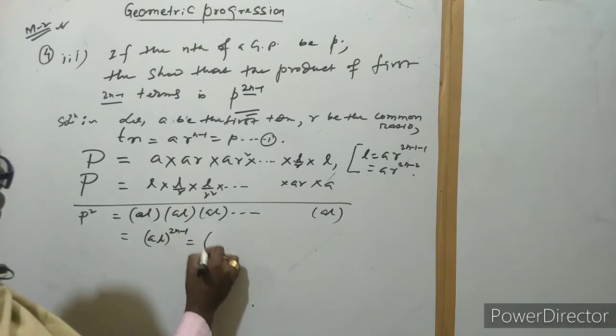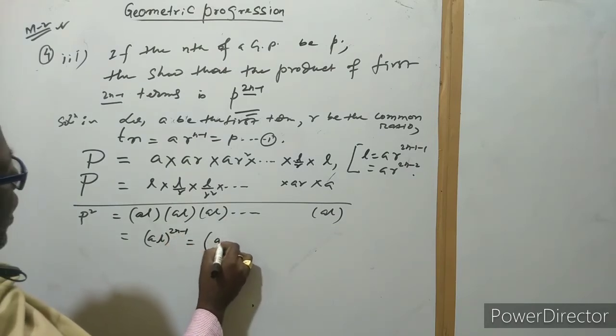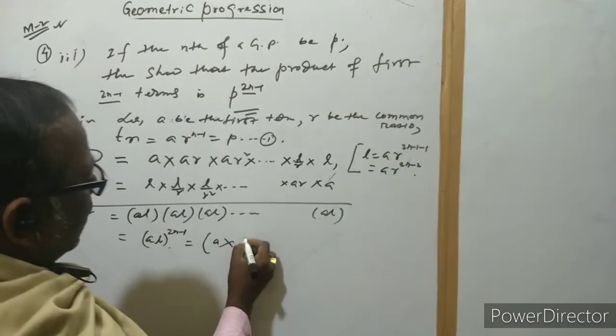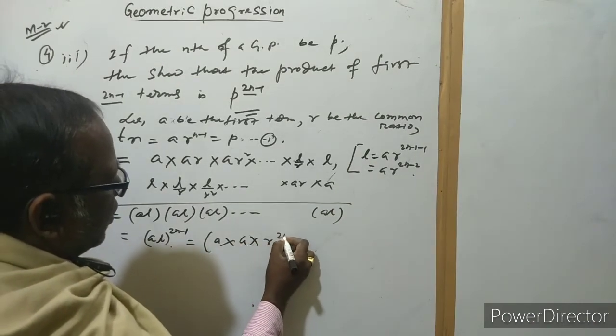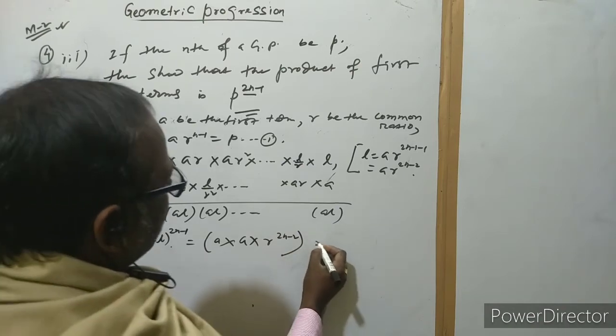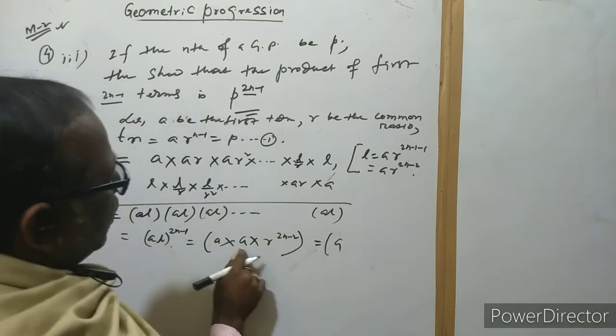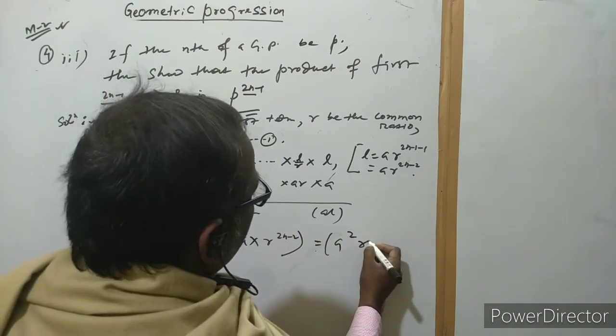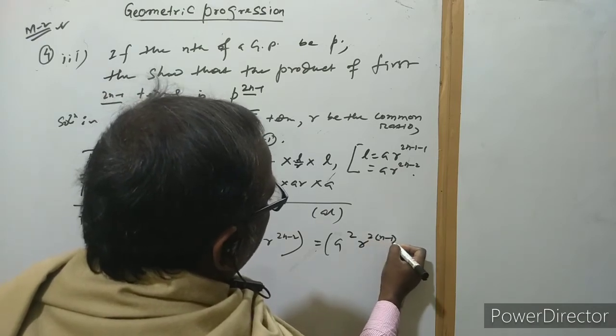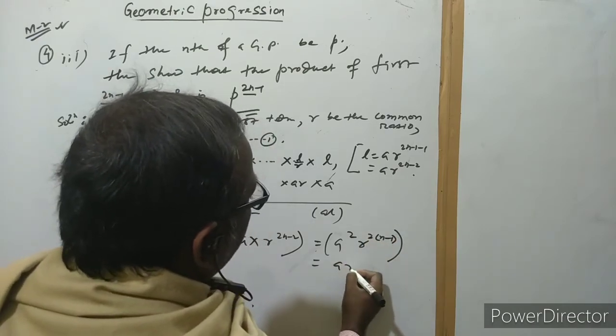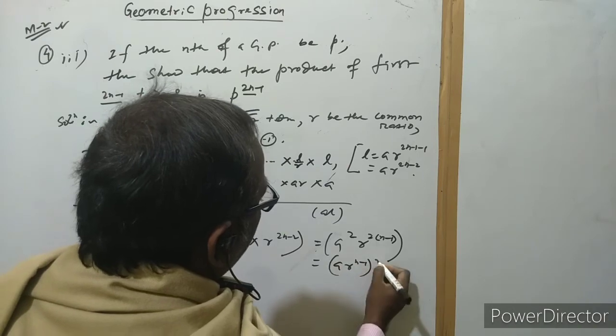So now the value of L here: L means a into r to the power 2n minus 2. So you can write a into a, this is square, so r to the power, taking common 2n minus 1. So we write a into r to the power n minus 1, and this is whole square.